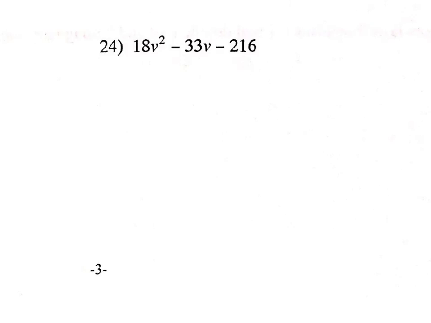Okay, so the first time I did this problem, I did not realize there was a GCF, and I multiplied, and I got monstrous numbers that were going to be way too difficult to deal with. So now the GCF is not 18, but there is something you can divide into all three of these, and that's 3. So if you go ahead and take your GCF of 3 out, that's going to leave you with 6v squared minus 11v minus 72.